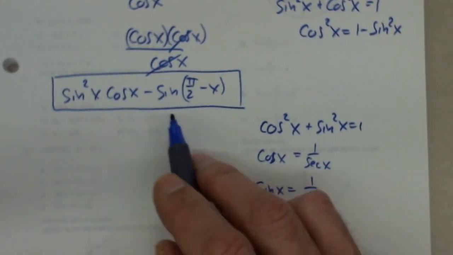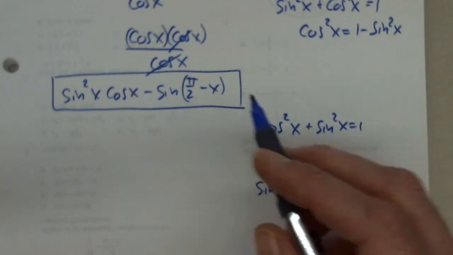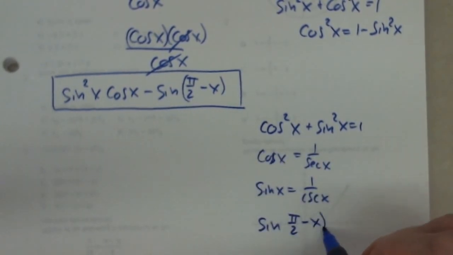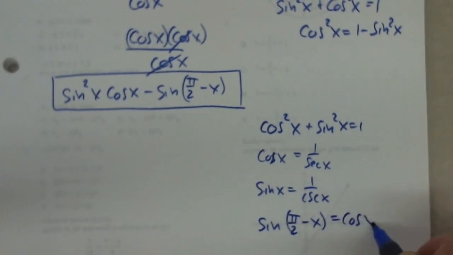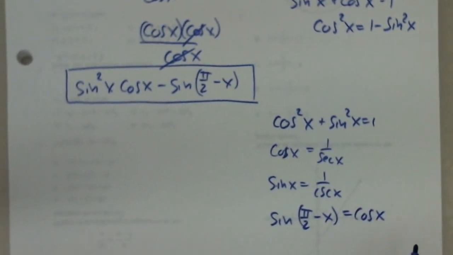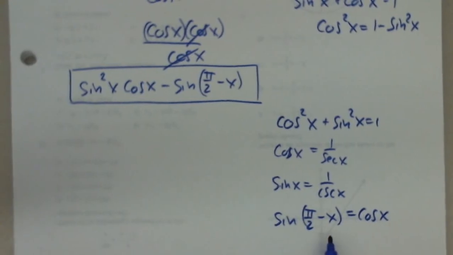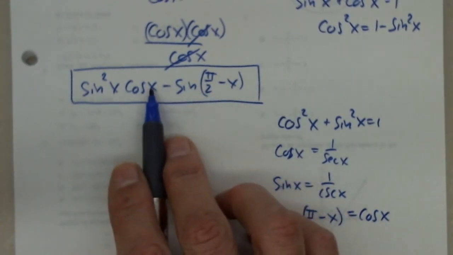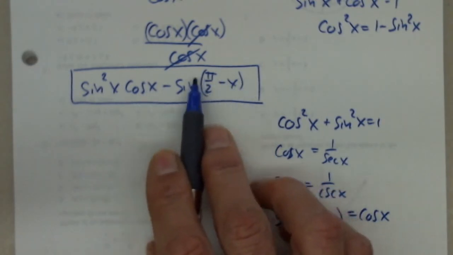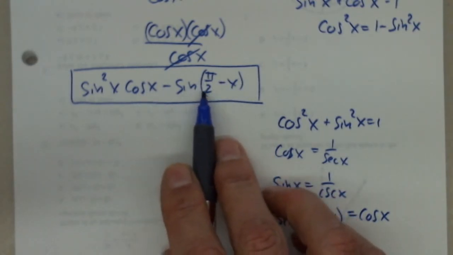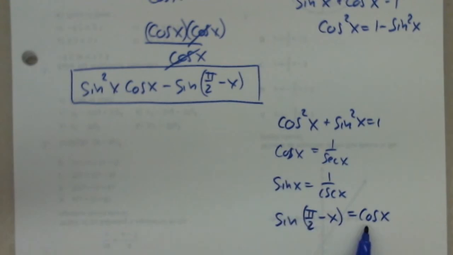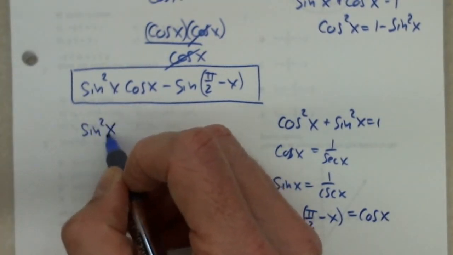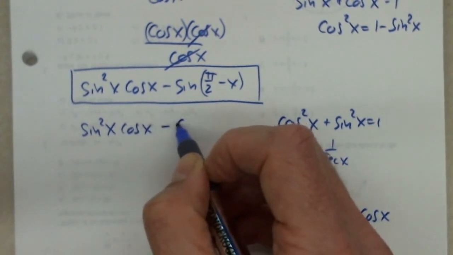Here we have sine with the cofunction identity, and we know that that equals cosine. And let's substitute. Well, right away, if these are x's and there's a pi over 2, let's try to turn this into an x. So sine of pi over 2 minus x is just going to be cosine. Sine squared cosine minus cosine.